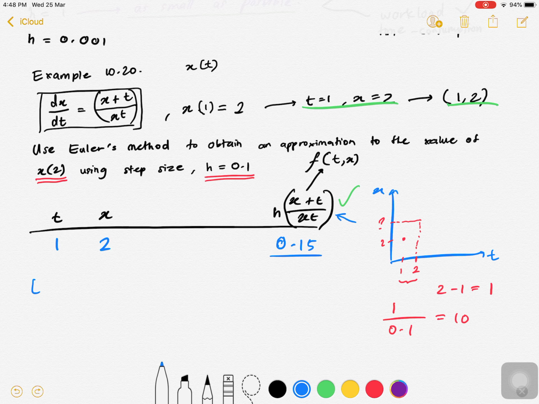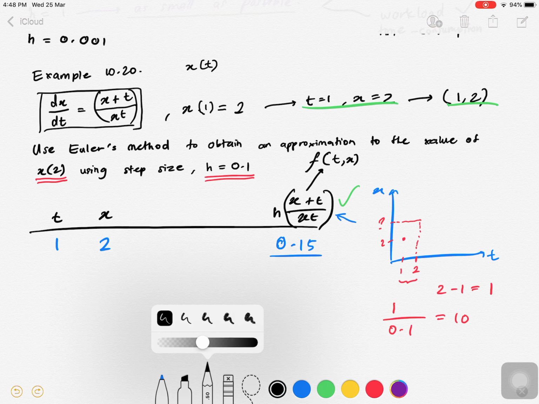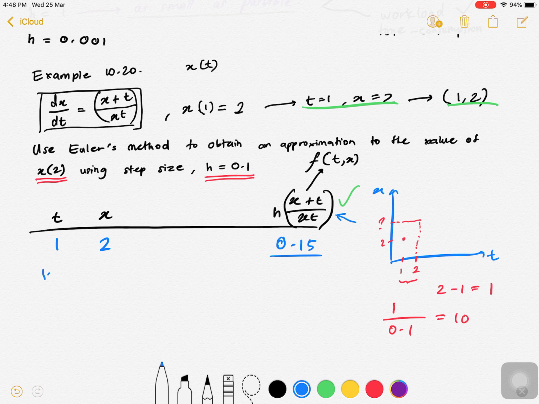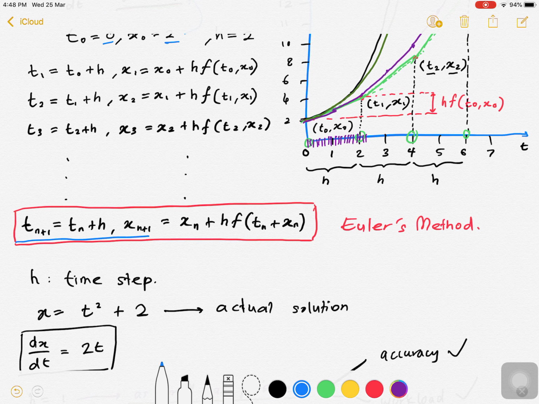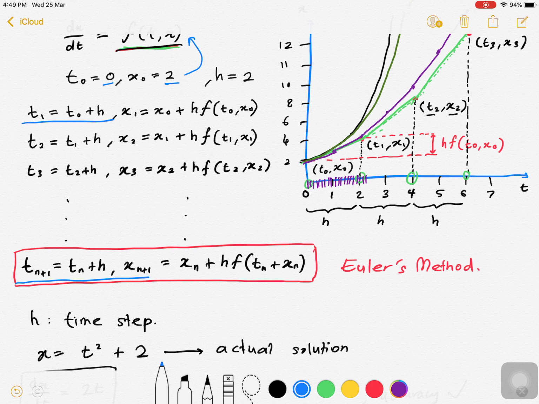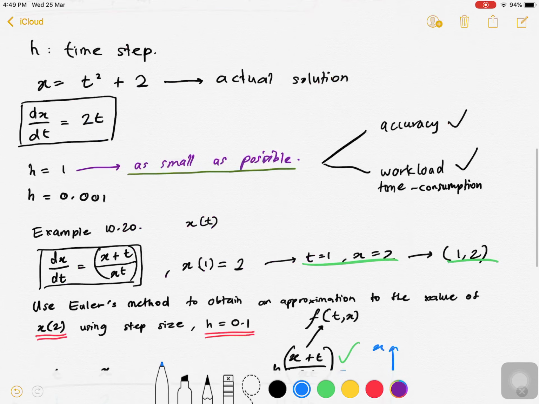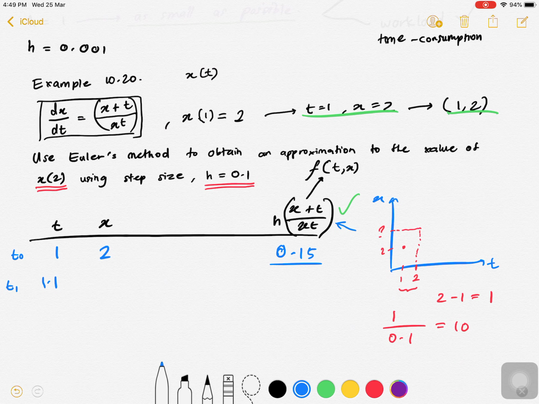The increment of t is 0.1, so the next point will be 1.1, because t1 is equal to t0 plus h.